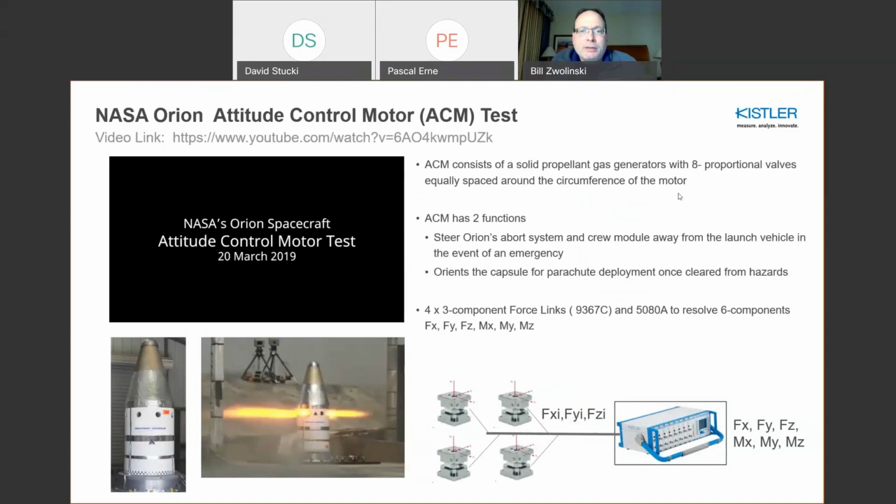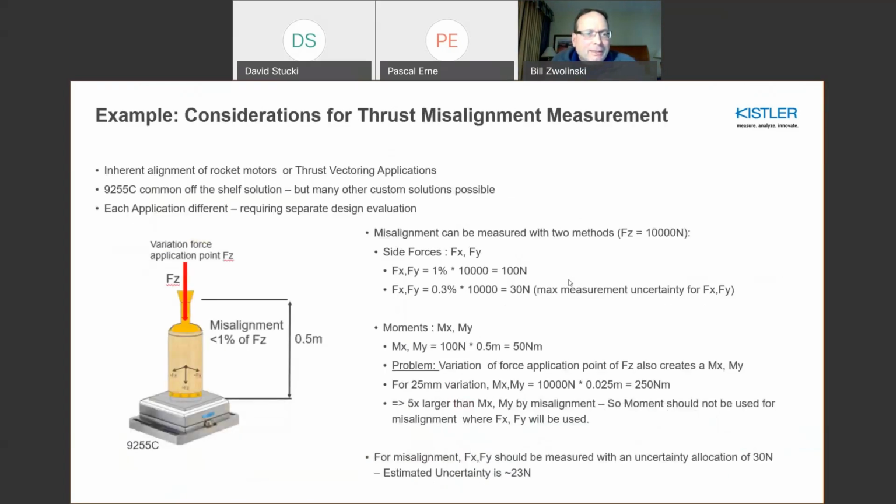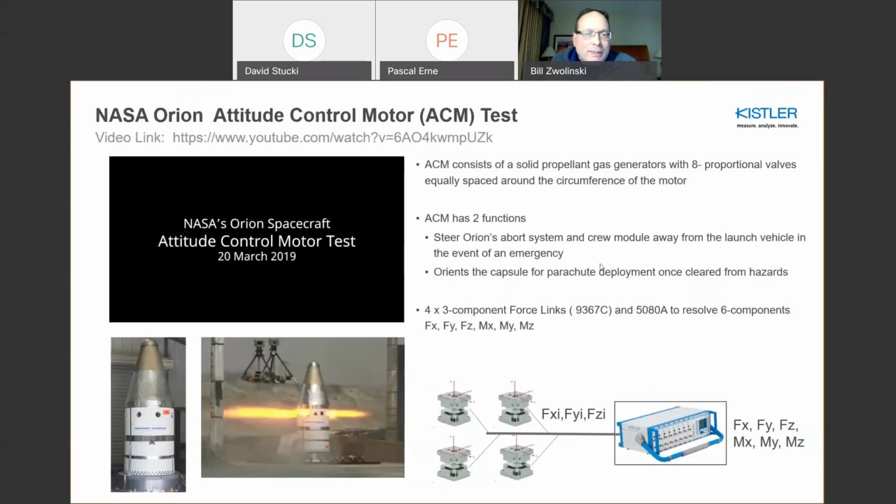In this case, you have 8 propulsion valves equally spaced around the abort rocket. And what you see here is that it has 2 functions: to steer the abort system from the crew module away from the emergency, or orient the capsule so a parachute deployment can be made.